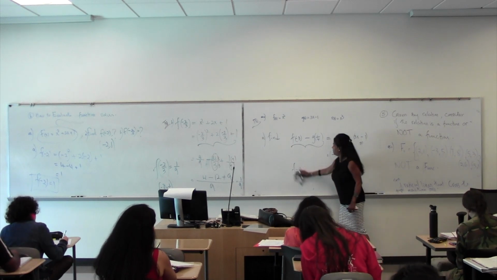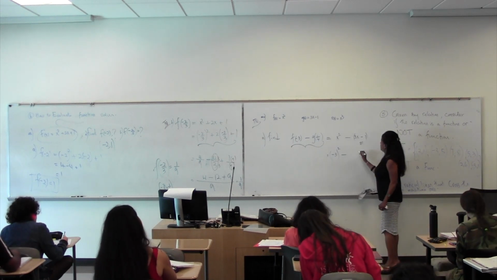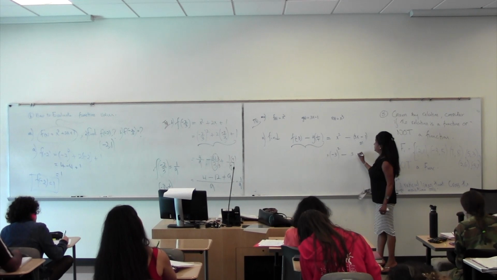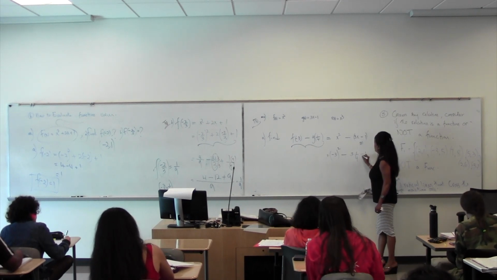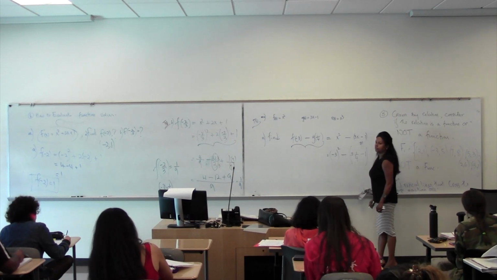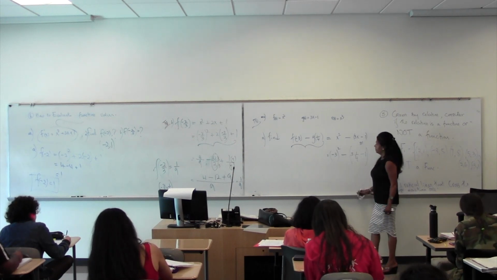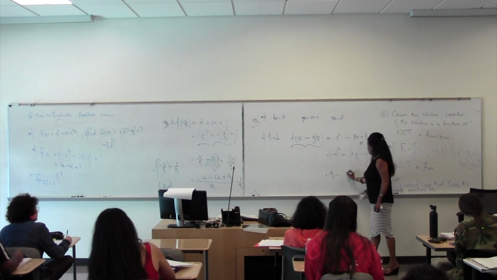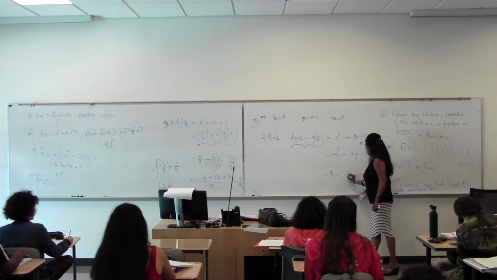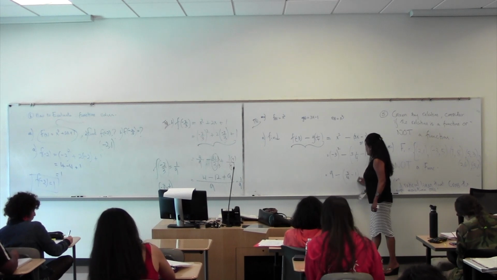Alright, so now what do you have here? 3 times 1/4 minus 1 with the parentheses. What is this? 9 minus 3/4 minus 1 with the parentheses.